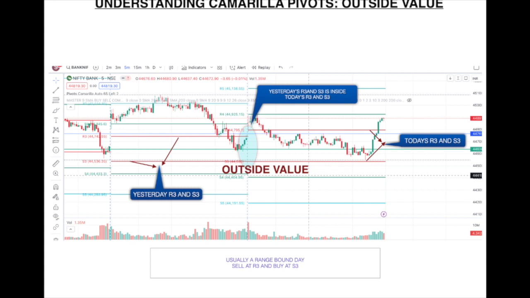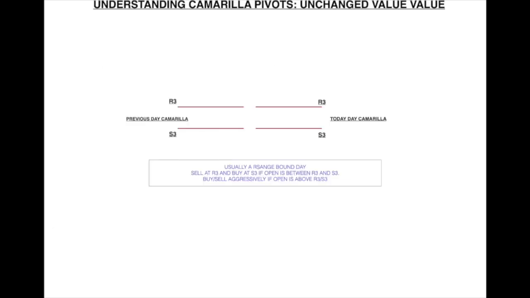If the market opens above R4 or below S4, then any pullback to S3 or pullback to R3 will be a buying opportunity. I have not shown this condition on a chart because exact R3 of the present day and R3 of the previous day coming together is impossible.